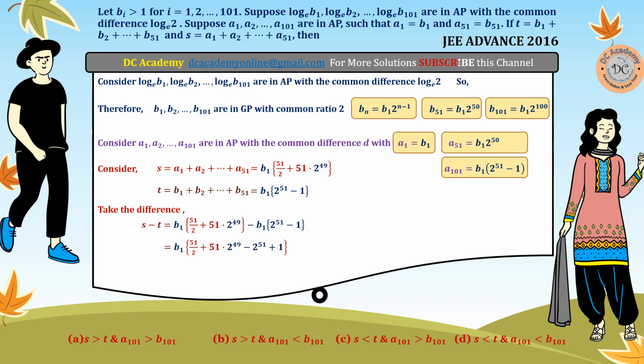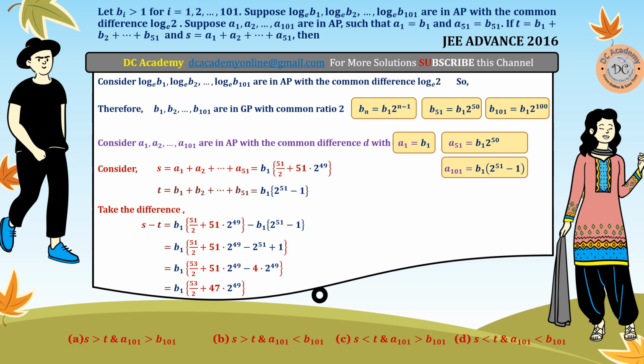Then 51 by 2 and 1 can be 53 by 2, and 2 to the power 51 can be written as 2 squared into 2 to the power 49, so it can be written as 4 into 2 to the power 49. Now, if we subtract, we get 53 by 2 minus 47 into 2 to the power 49. Now, it is obvious that B1 is greater than 0, because it is given that B1 is greater than 1.